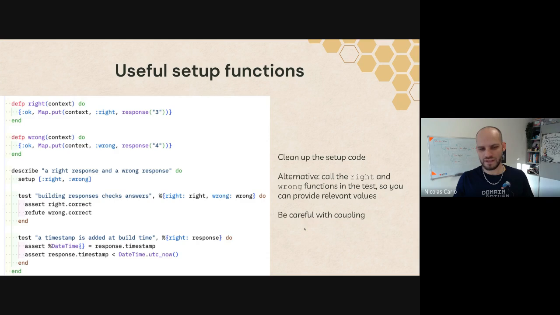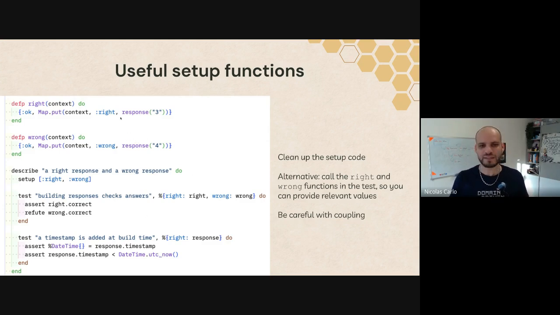I would give another warning here when you do that. There is a coupling, so it's not a reference coupling, because again, data is immutable, so there is no chance that this mutates into something that will make another test break, like it would in an object-oriented language.